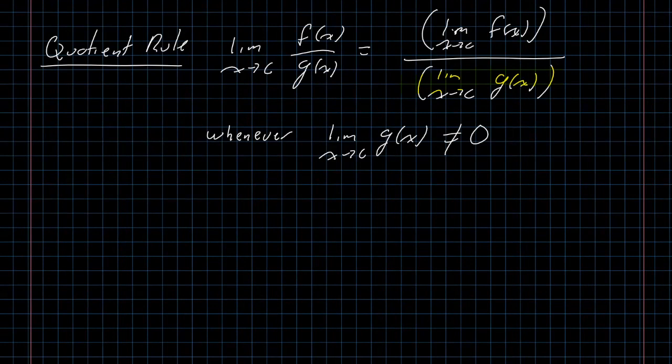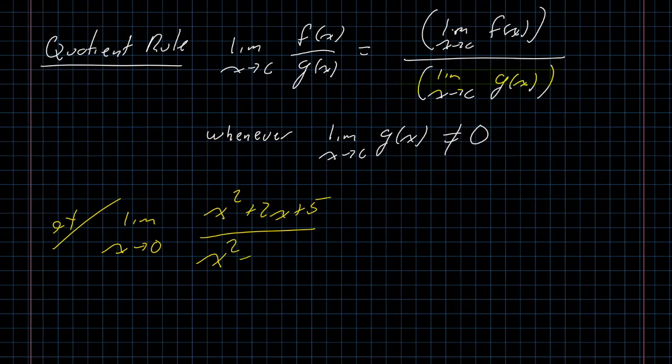So yes, whenever you are looking at a product or a quotient, things still behave nicely. So for example, if I want to take the limit as x approaches 0 of x squared plus 2x plus 5 over x squared minus 9x plus 10, I'm not even going to bother writing it out.